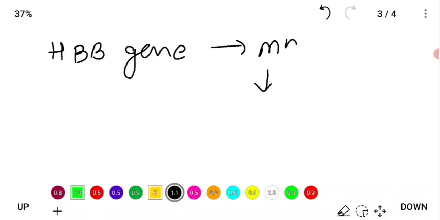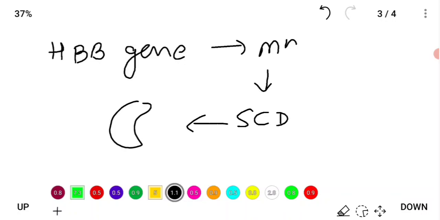When a mutation occurs in this gene, that causes sickle cell disease, right? And due to it, the hemoglobin shape gets defective.